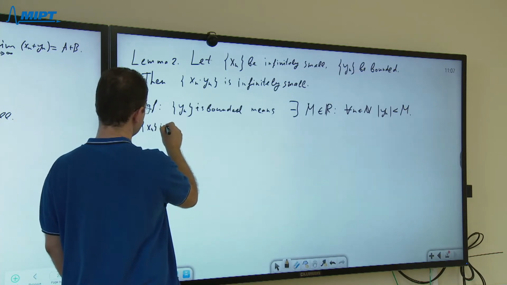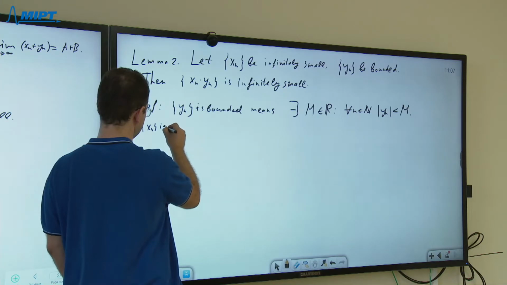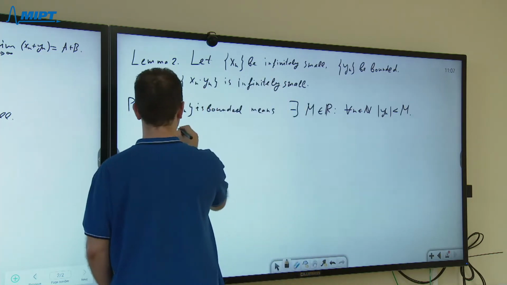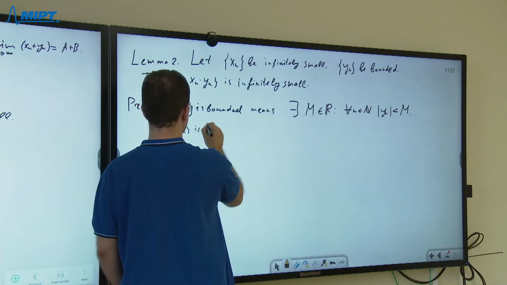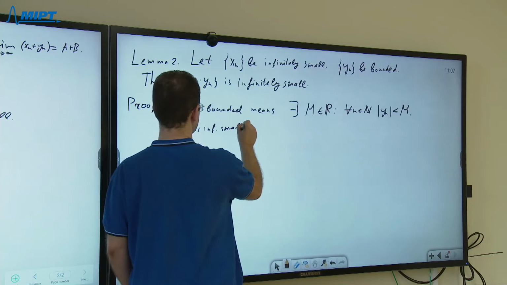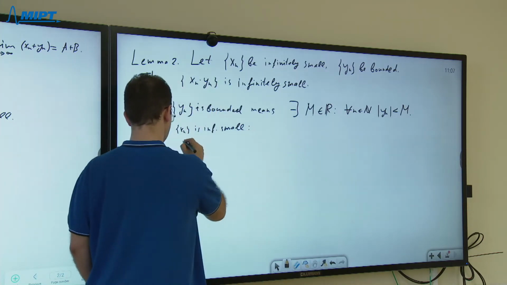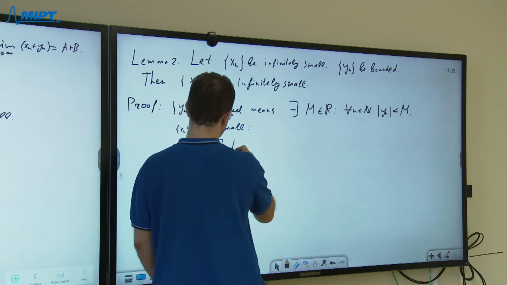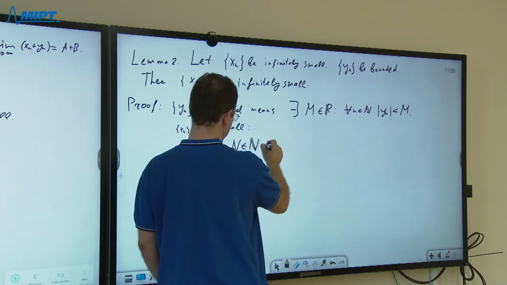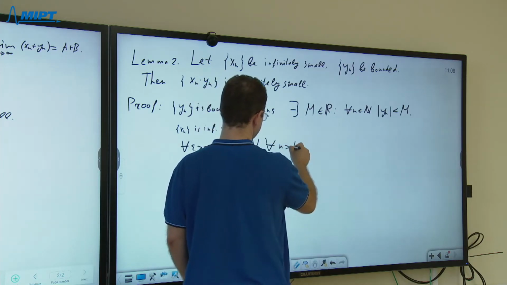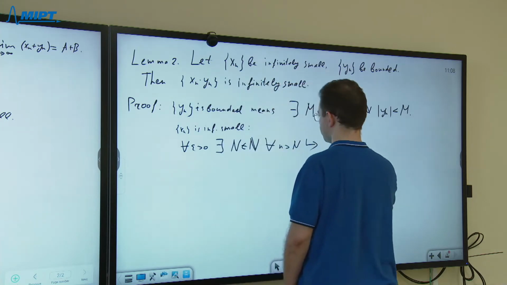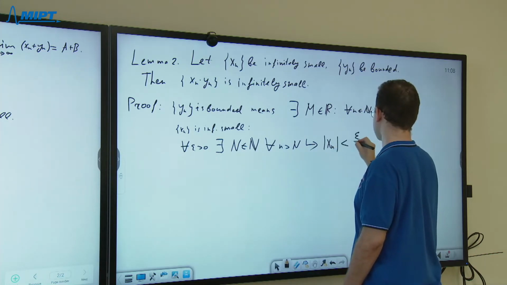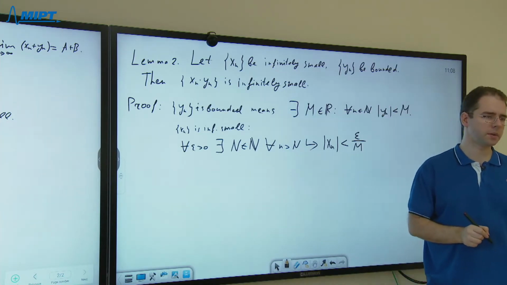Xn is infinitely small means that for any epsilon greater than 0, there exists a number capital N such that for any small n greater than capital N, it follows that the absolute value of xn is less than epsilon divided by capital M. Here I'm using this trick once again.